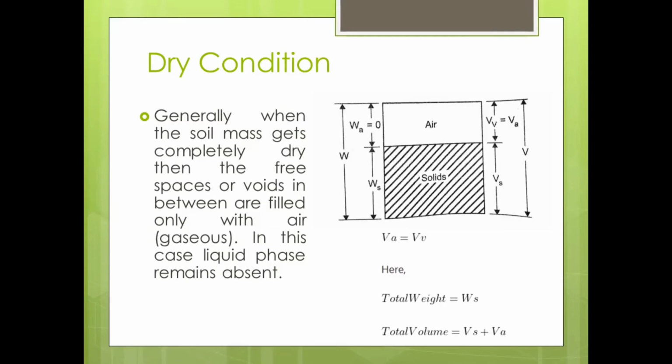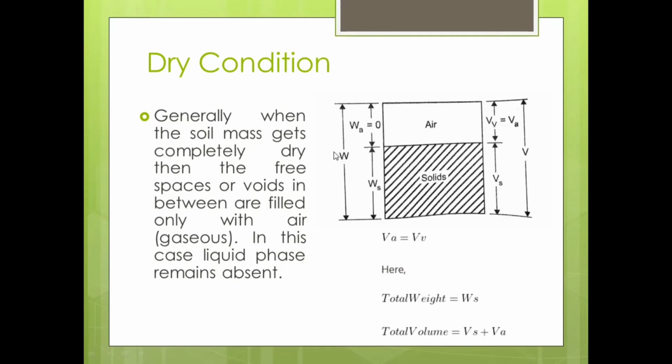Here, the water is completely absent. The volume of the total soil remains the same. Please remember, the volume of the soil mass completely remains the same, and the volume of voids becomes the volume of air. As far as weight is concerned, for practical purposes, we consider the weight of air as 0.